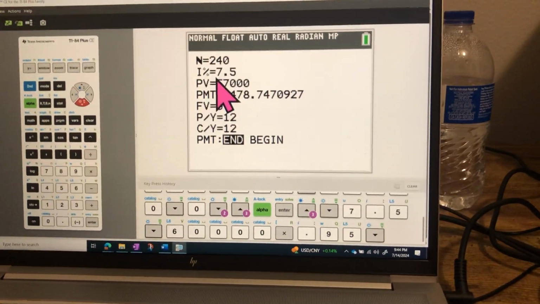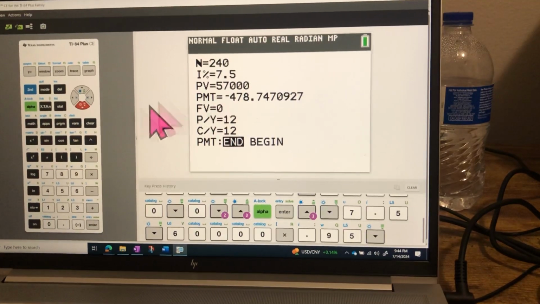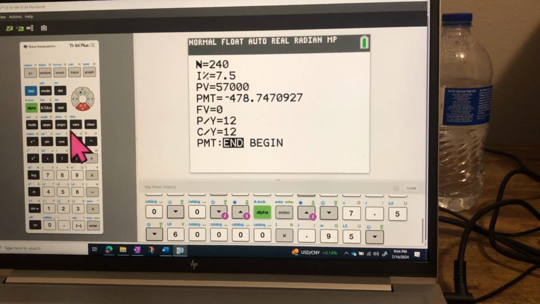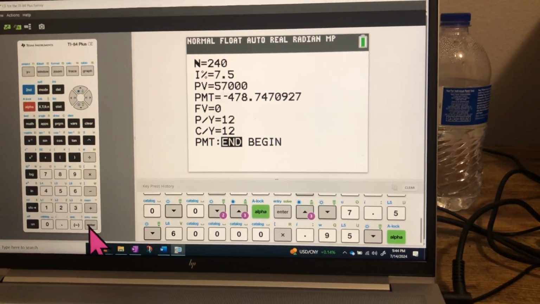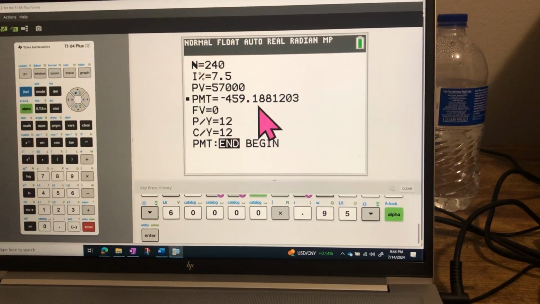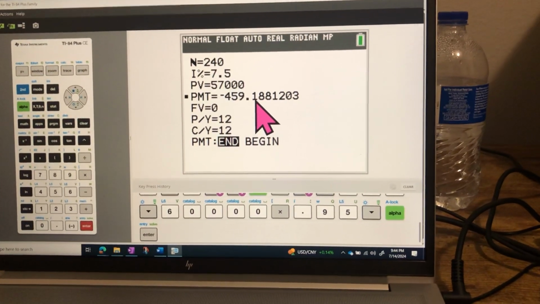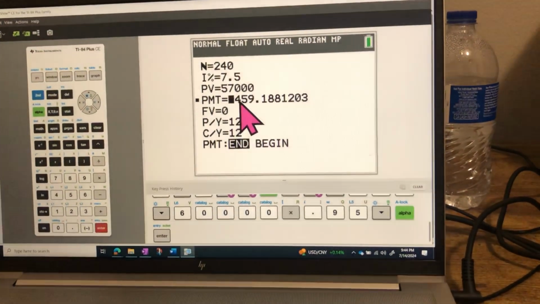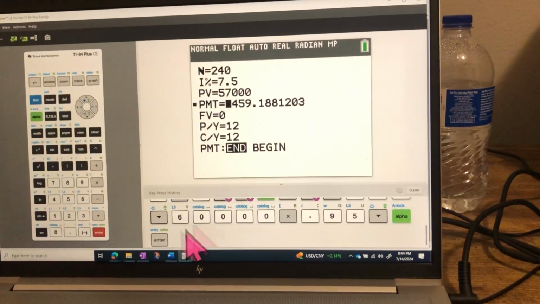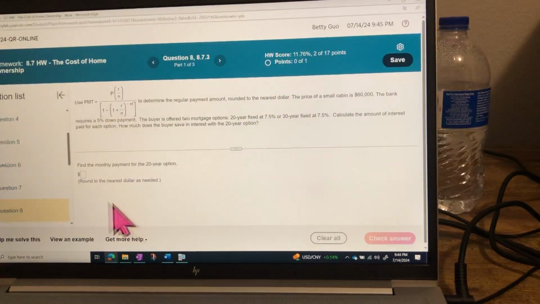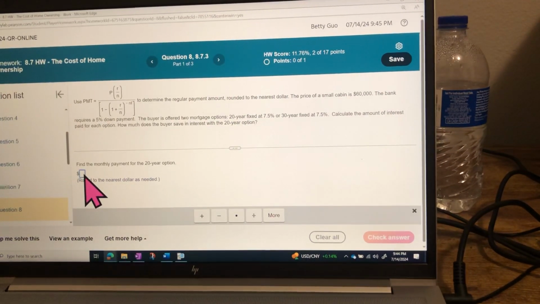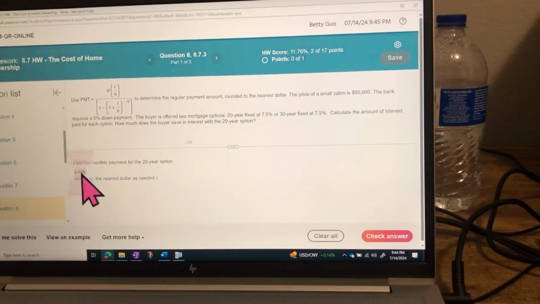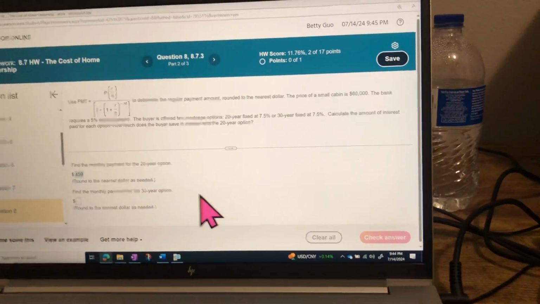As you can see, I only changed two entries. Very convenient, this app. Alpha, enter. This time we round down because this 1 is less than 5. The number you're going to enter in the cell is 459. There we go. So that's the first part.